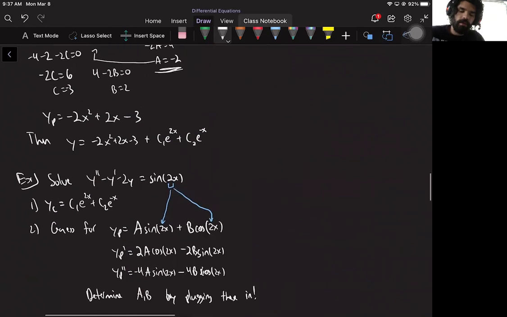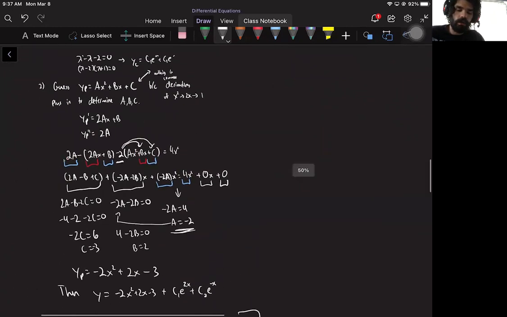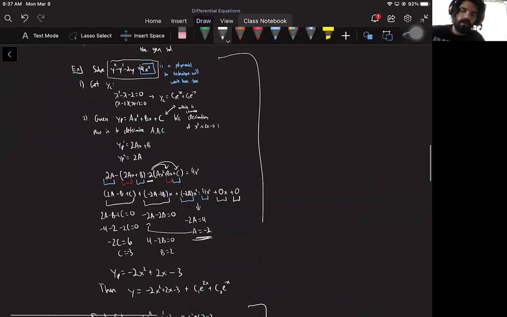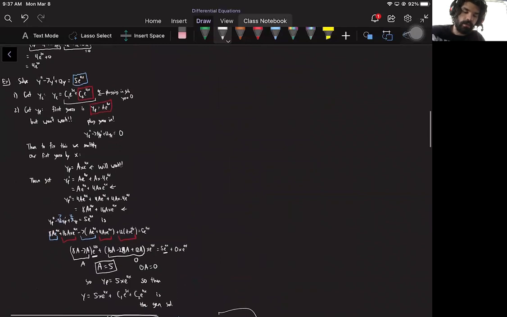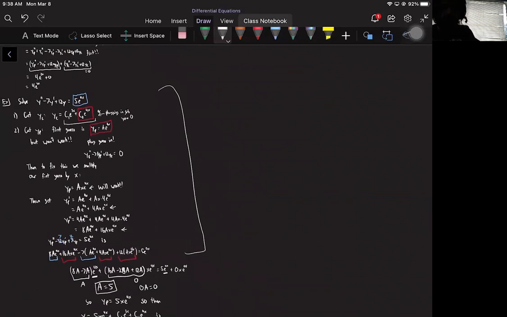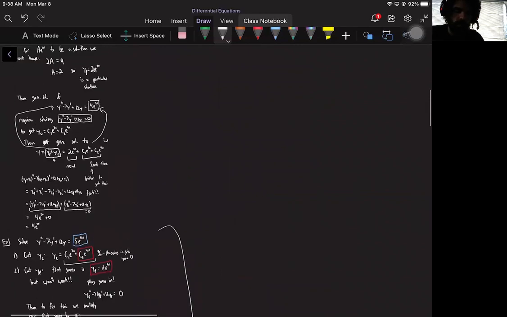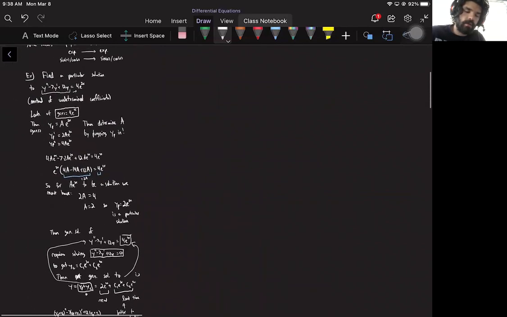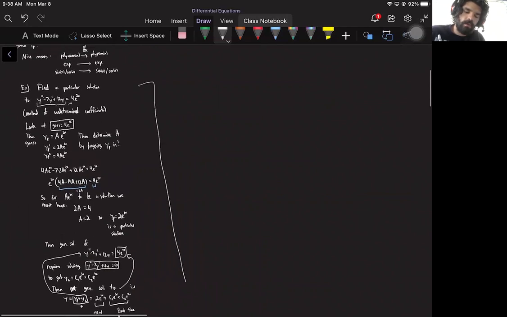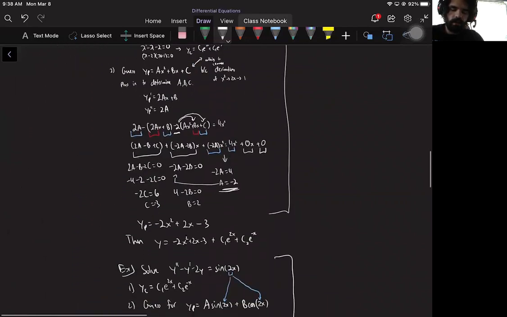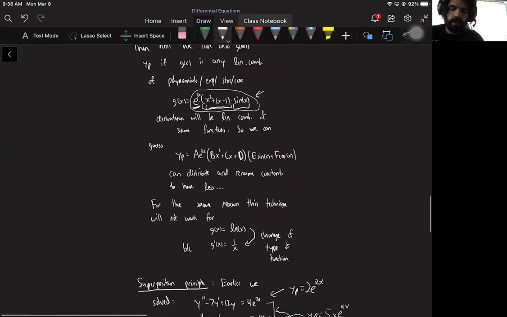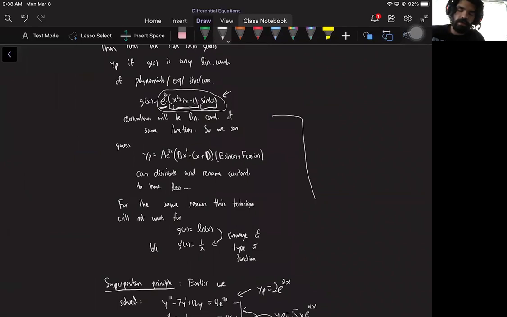There's a bunch of stuff, but you should be able to do ones like this, ones like this, and ones like this, where you have to fix it by multiplying by x, or ones where you don't have to multiply by x either. It's fine. It's also good to know. But don't worry so much about when we combine guesses like this. Just know that it's possible.